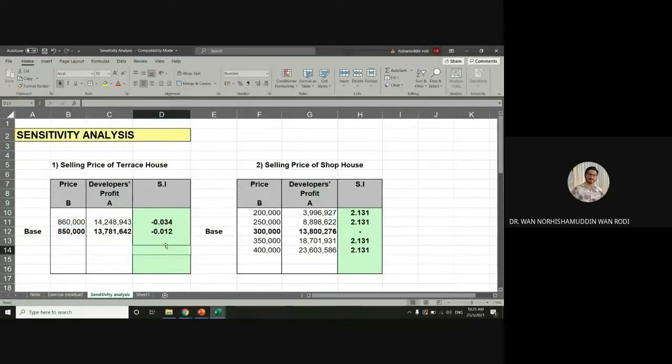Your SI is the percentage change in variable A divided by the percentage change in variable B, 2.882. So this is the percentage change in A, and this one is the percentage change in B.